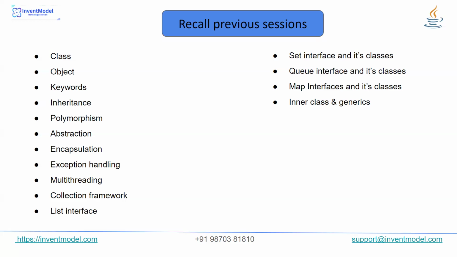Now let's discuss the keywords in Java. What are the keywords in Java? Different types of keywords are predefined in Java and we can directly use them for different purposes, like exception handling and conditional statements: try, catch, throw, throws, finally, final, this, super, and for data types, int, char, float.